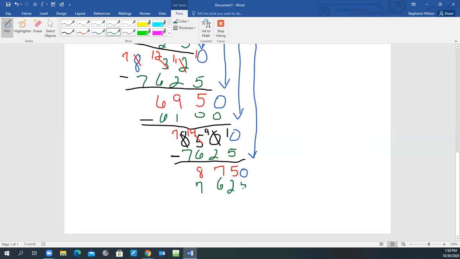Now let's subtract. We have that issue again where we have 5 being pulled out of 0, and we can't do that, so we have to borrow from this 5, make it a 4, carry the 1. Well, this 5 originally was bigger than the 2 because we could stop there. So 10 minus 5 is 5. 4 minus 2 is 2. 7 minus 6 is 1. 8 minus 6 is 1.